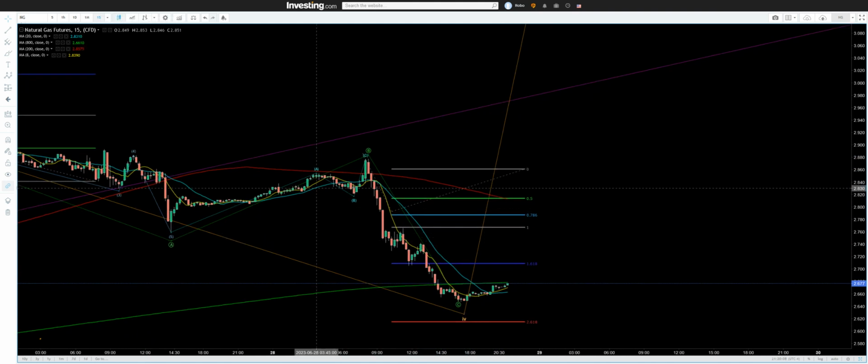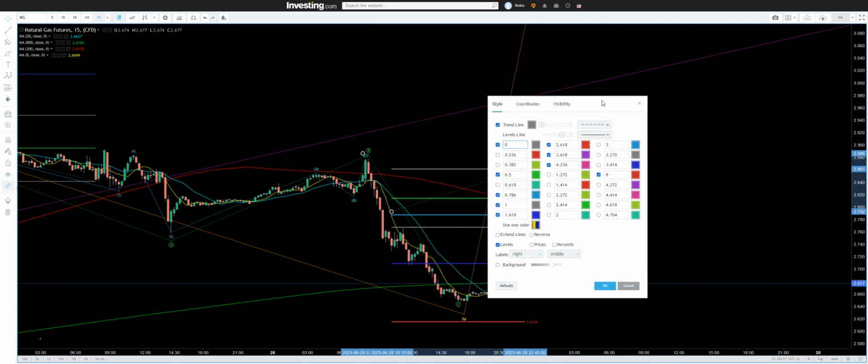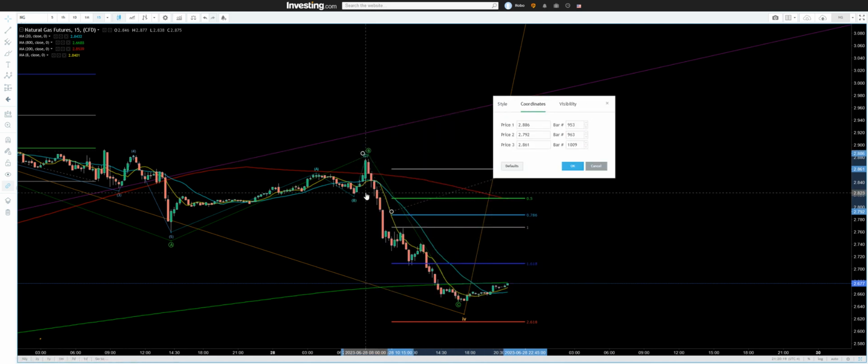It's kind of difficult. I'm going to call this right here, this first initial, wave 1. Let's just see what that turns up. The high here was 2.877.